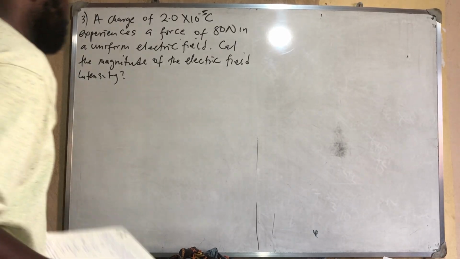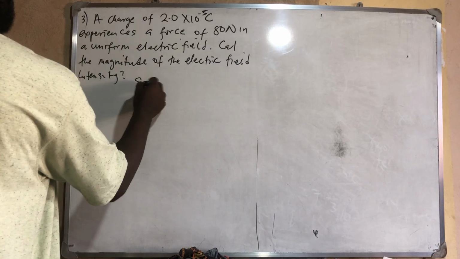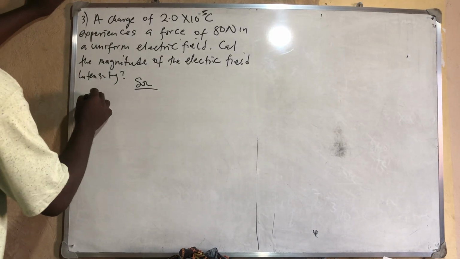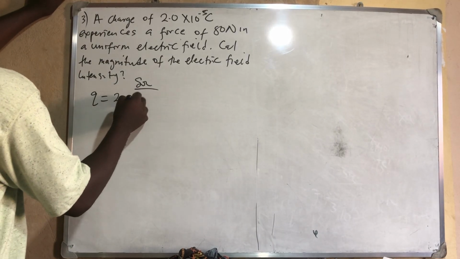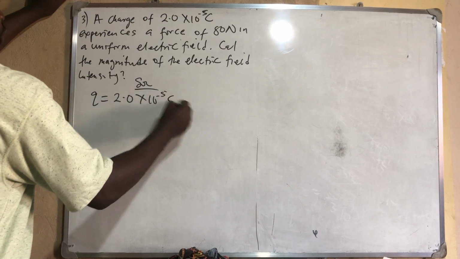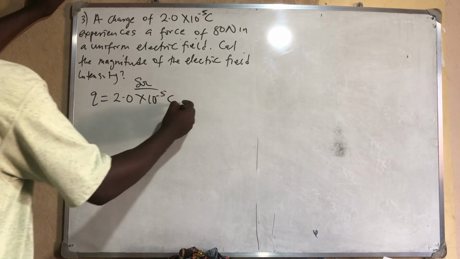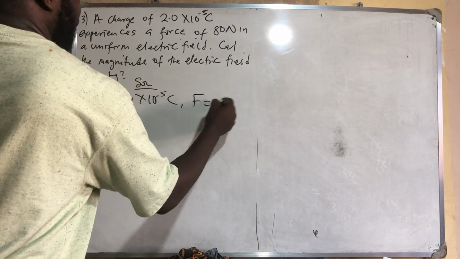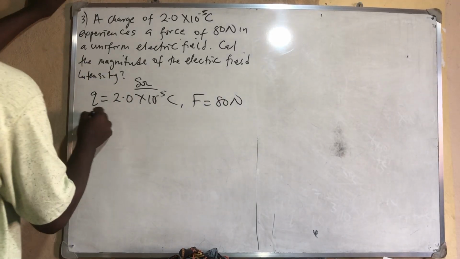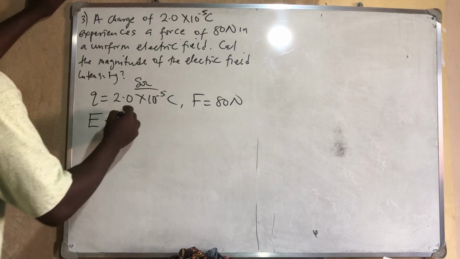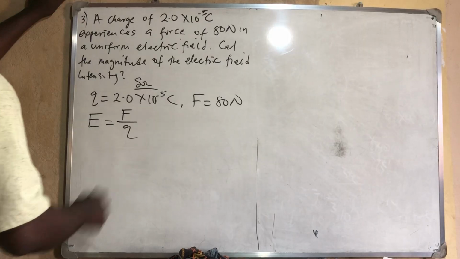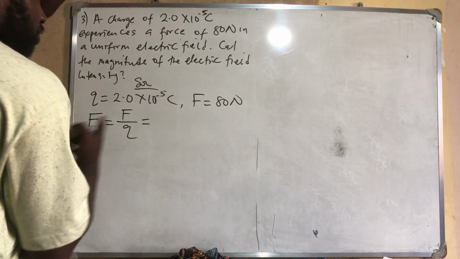These are very simple questions. So the first thing you do is to bring out your parameters. They gave us charge, and the charge they gave me is 2.0 times 10 raised power minus 5 coulomb. The next thing they gave me is force, that the force is 80 Newton. And I know that my electric field intensity or strength is the force per charge, which is Newton per coulomb.